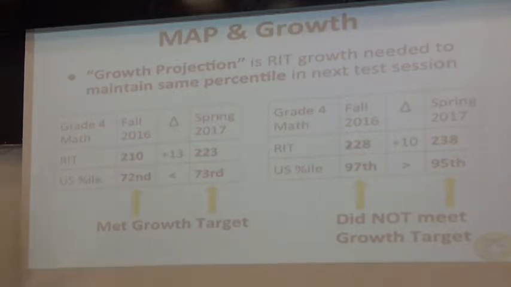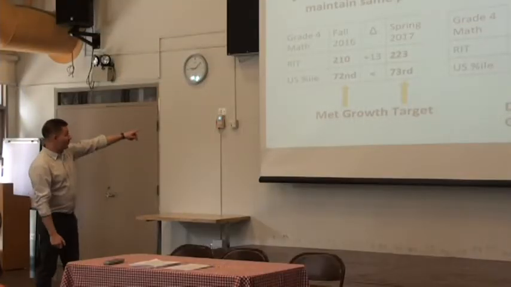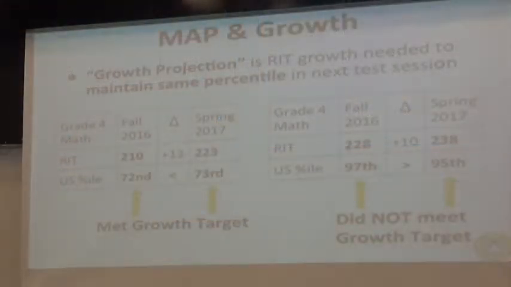Okay? And growth target just means, is the percentile staying the same? Is it getting smaller or is it getting bigger? It's basically, are they keeping pace with where they started? So we can see on the left side, this kid did meet their growth target because they not only maintained the same percentile, but they actually went up by 1 percentile.